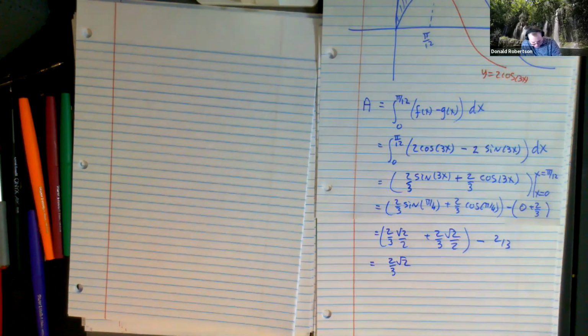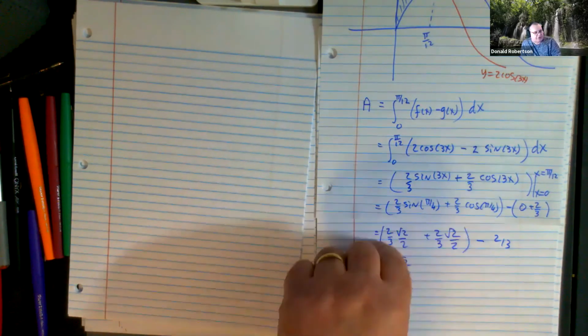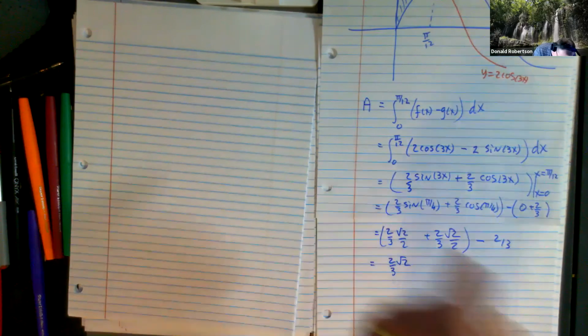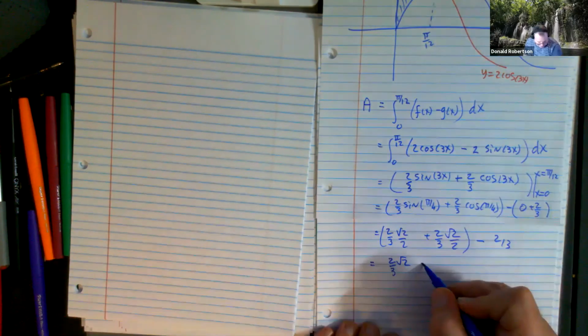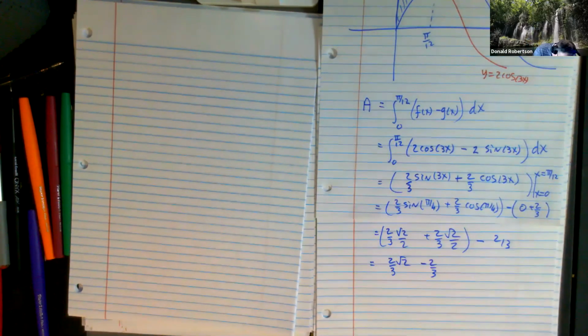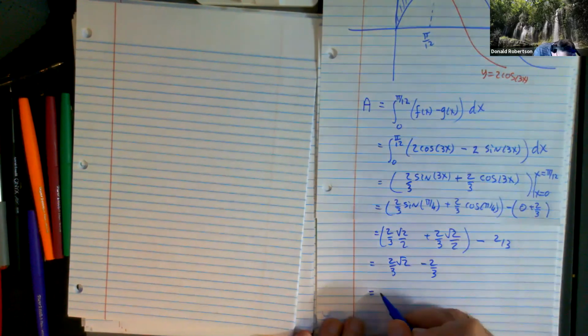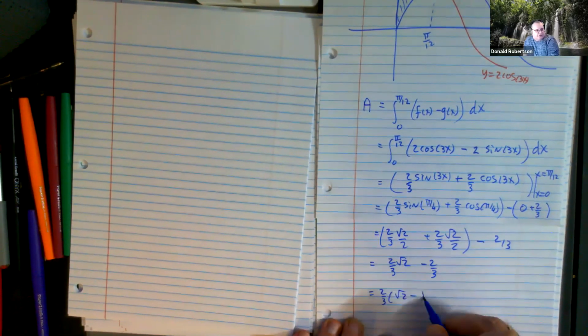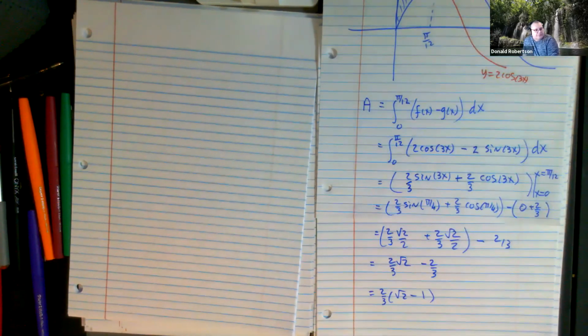I can have 4/6 and simplify it to 2/3. Oh, and take away 2/3. And for style points, I would probably factor out the 2/3. Are you happy about the area between the two curves being that ugly mess?